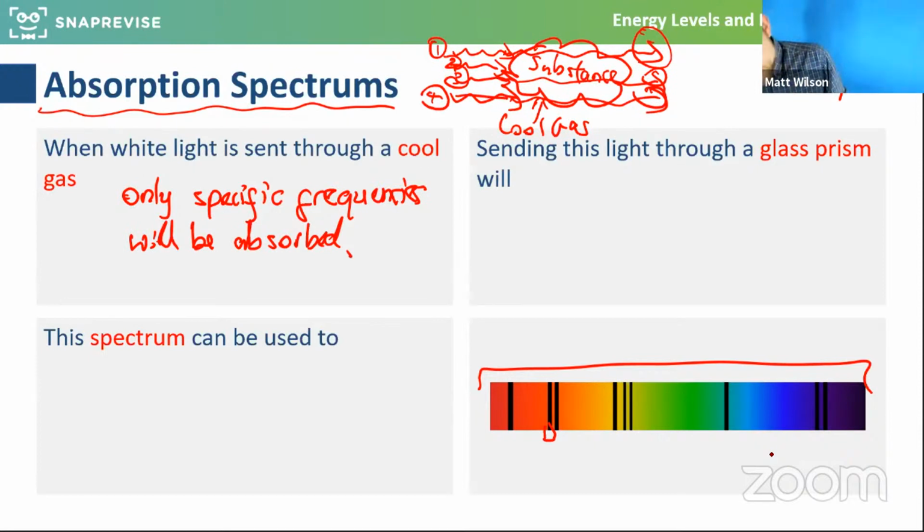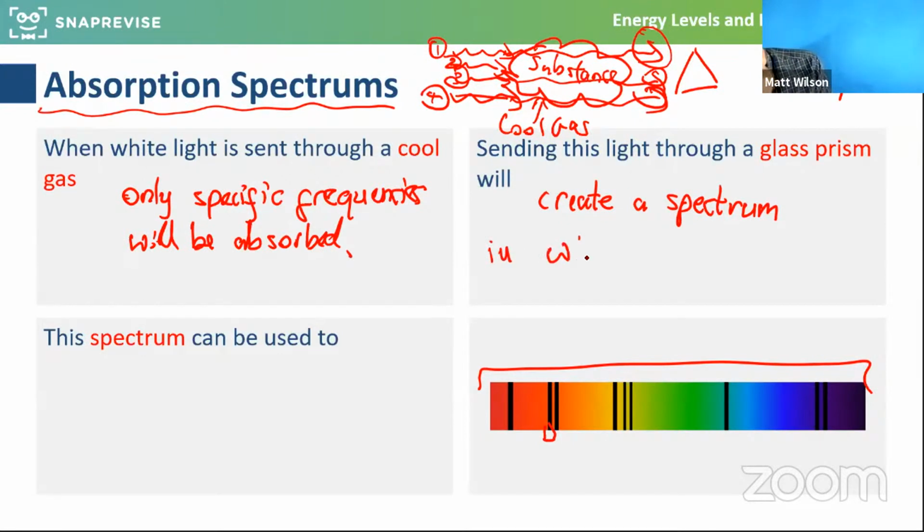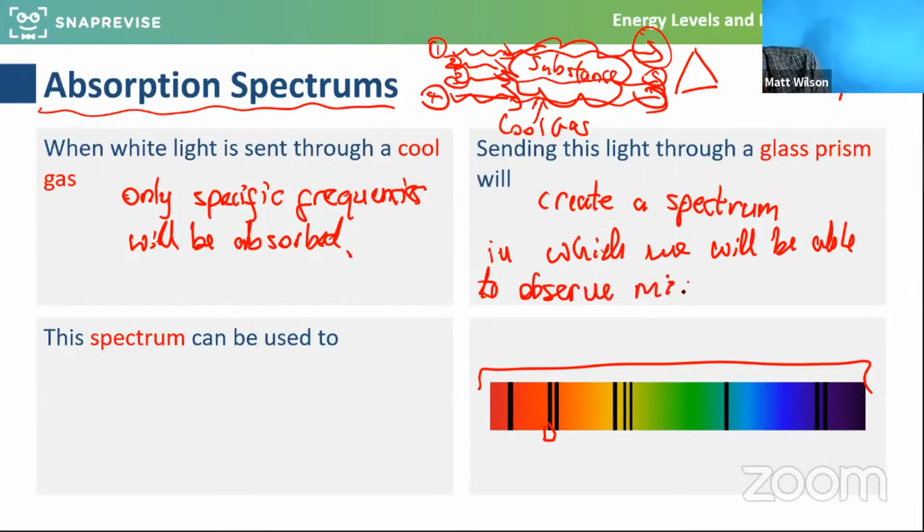Yeah, perfect. I can send it through a prism. So at the moment, all this white light is bunched up together. But if I send this light through a prism, absolutely right, then this will create a spectrum in which we will be able to observe missing frequencies.